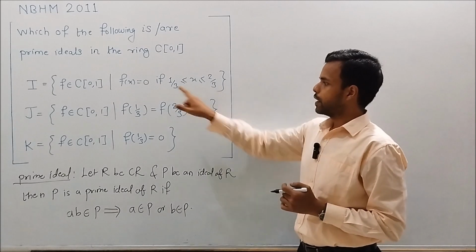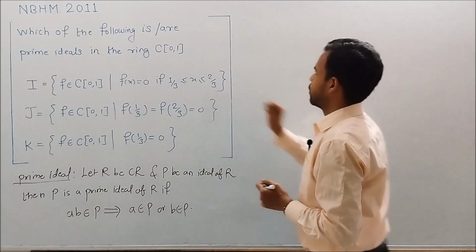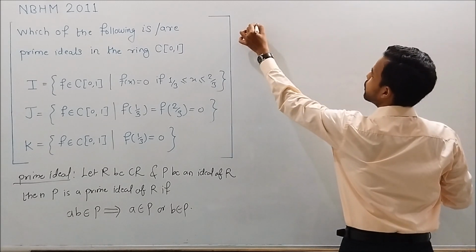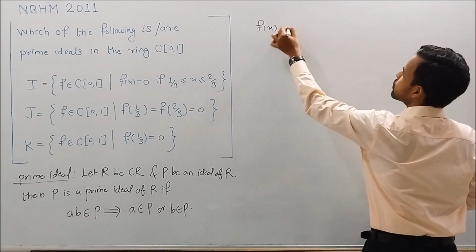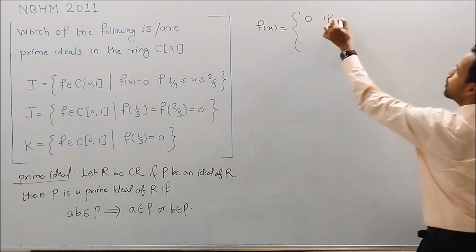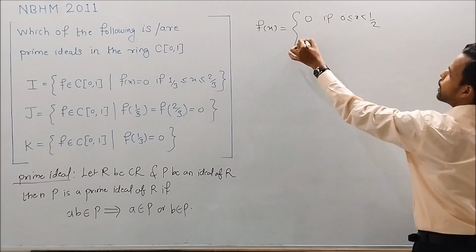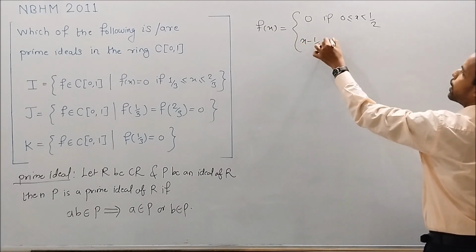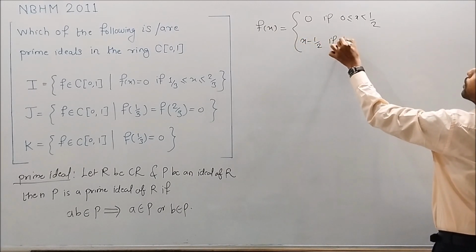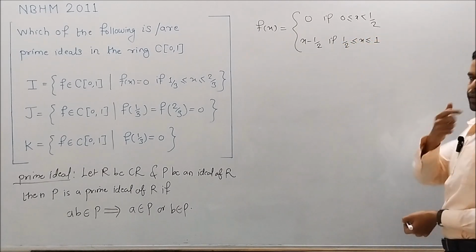So let's verify whether I is a prime ideal or not. For this, let's define a function f(x) which equals 0 if 0 ≤ x < 1/2, and x − 1/2 if 1/2 ≤ x ≤ 1.